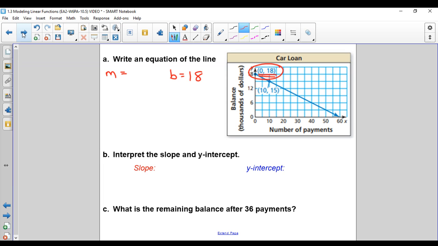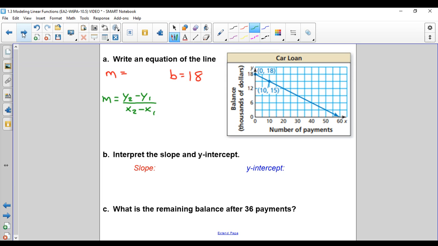Now, slope-wise, because of the scales of the x and y's, we can't just count rise over run. So we actually have to use the slope formula, to bring that back from last week as well. So let's check that out. Slope formula, if you recall, is this.